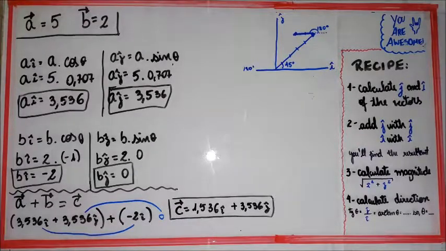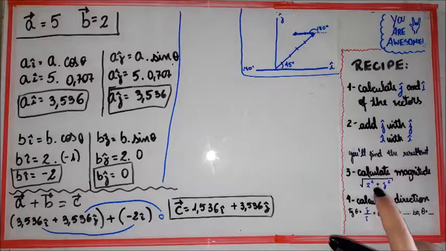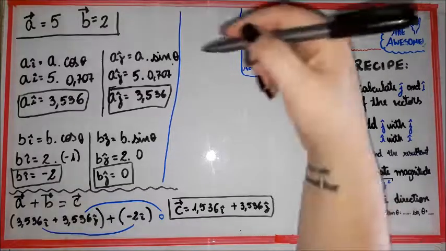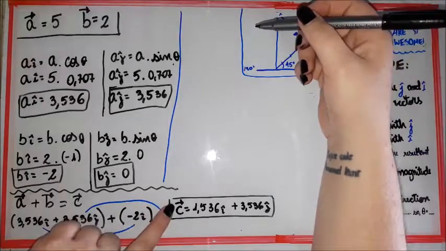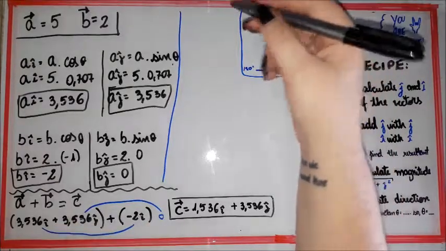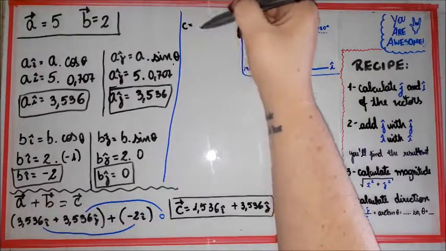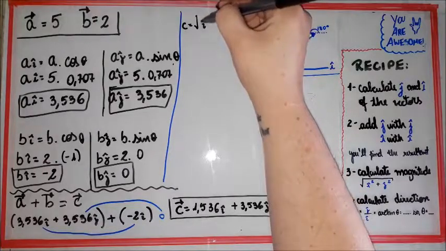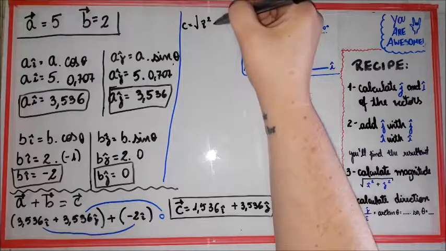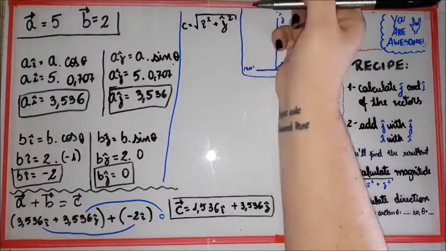Now what we're going to do is calculate C's magnitude. To calculate its magnitude, I'm going to use this formula. Remember, as I'm going to talk about magnitude, I don't use this little arrow above the C. So C equals the square root of i hat squared plus j hat squared.